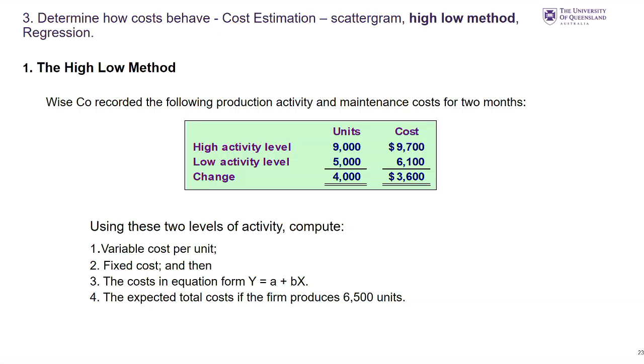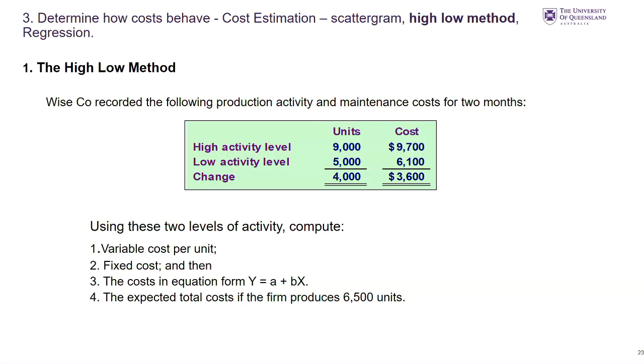So in this case, when we produce 9,000 units, our data tells us it costs us $9,700. And when we produce 5,000 units, our data tells us that it costs us $6,100. To work out B, the variable cost per unit, we divide the change in cost, the 3,600, by the 4,000, which is the change in the units.